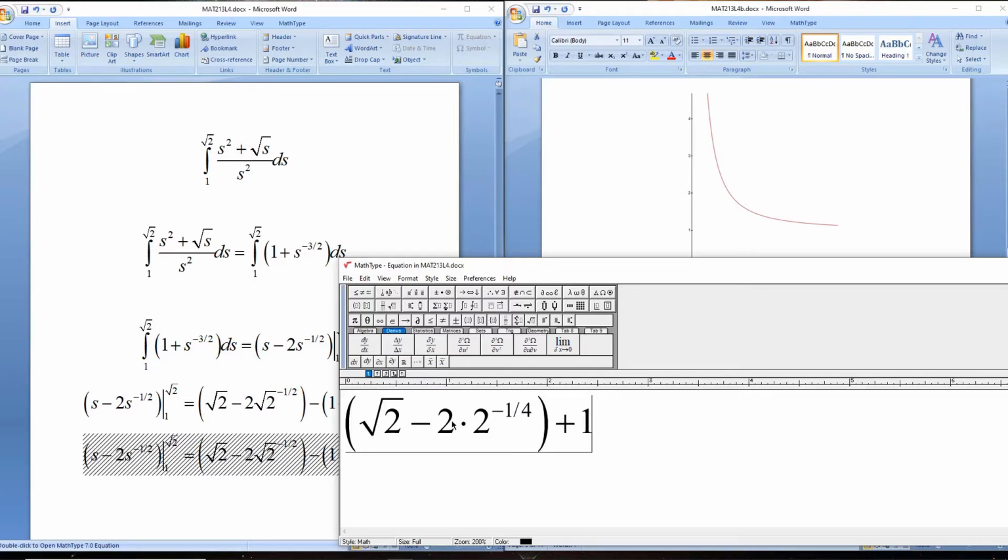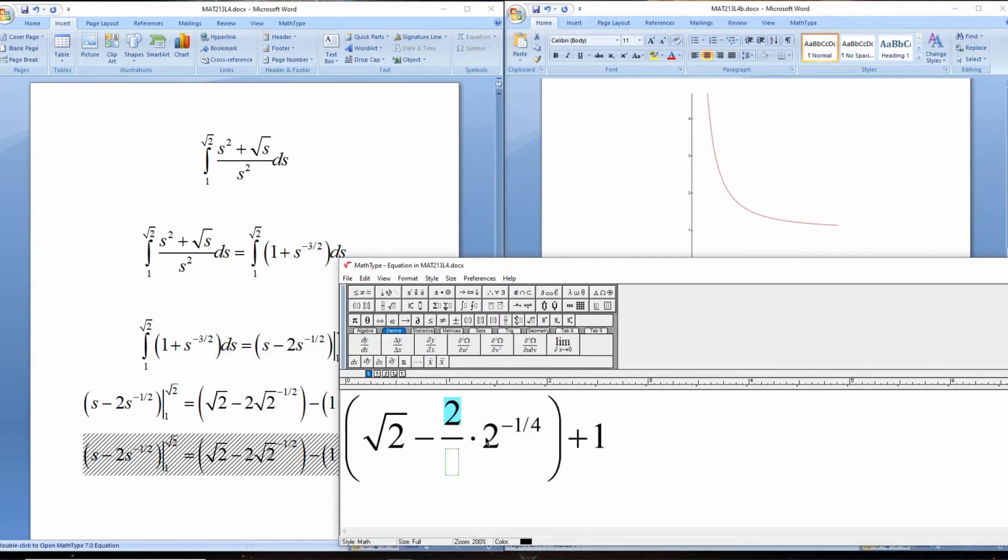And then finally, 2 to the minus fourth, we can put in the denominator. And then combining these two together, 2 to the power 1, that means 4 over 4 minus 1/4, gets us 2 to the 3/4.